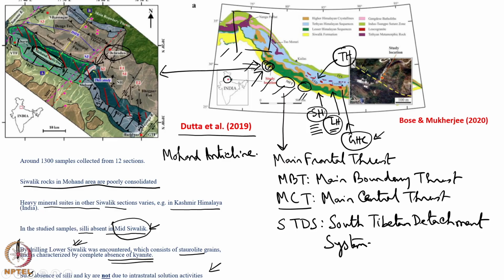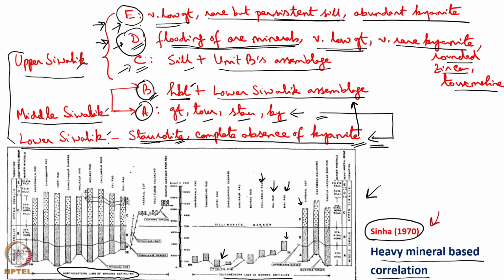And in this place also, Sinha studied several lithostratigraphic sections, and then in both the limbs of the Mohand anticline, he defined unit A, unit B, then in upper Shivalik C, D and E, and here unit A in middle Shivalik, unit B and then C, D and E. In this diagram, the lower Shivalik has not been presented, it has been encountered only by drilling, and so what has been presented in this diagram are the different sections which are available by doing field work.